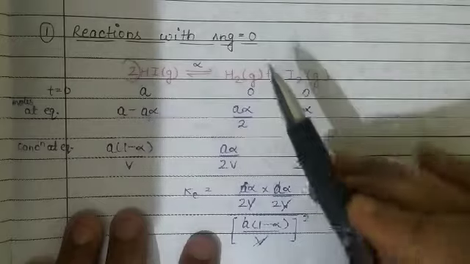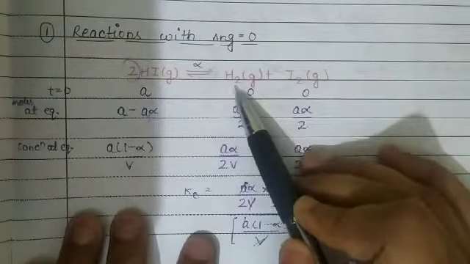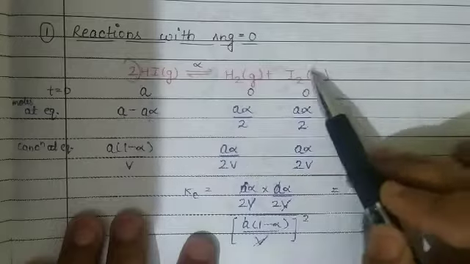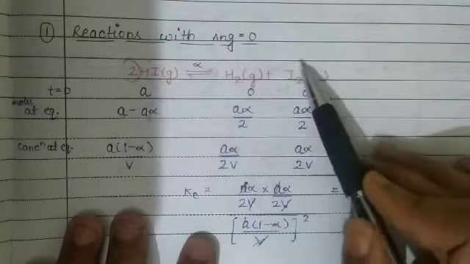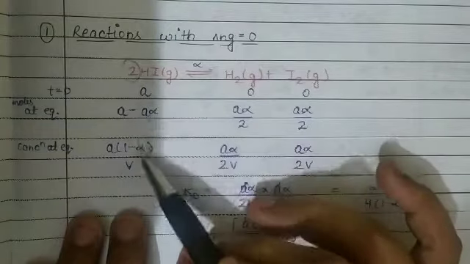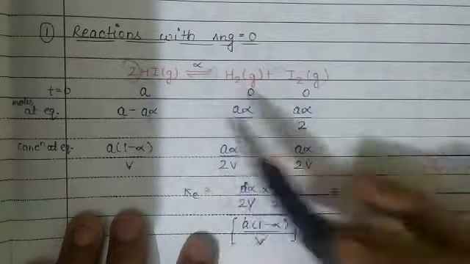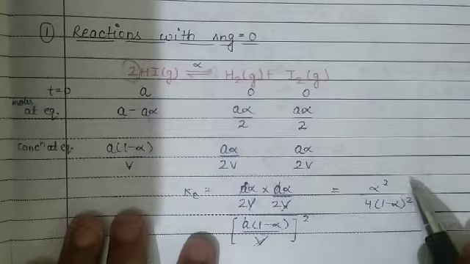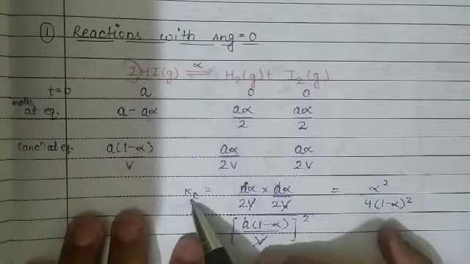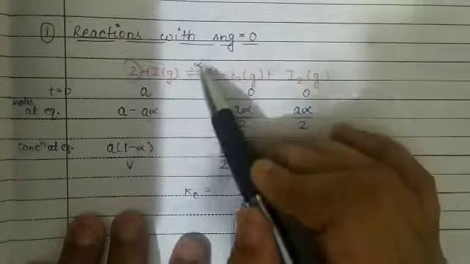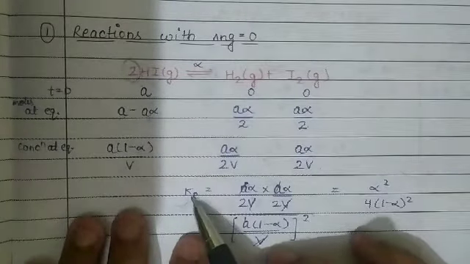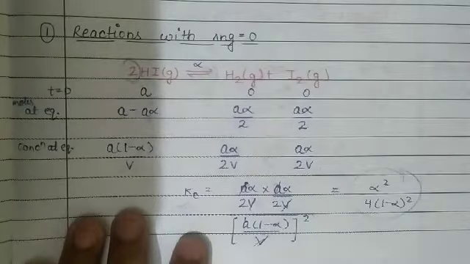Kc is the concentration of H2 at equilibrium multiplied by the concentration of I2 at equilibrium, divided by the concentration of HI at equilibrium squared, as the coefficient is 2. On solving, we get the value of Kc in terms of alpha, where alpha is the degree of dissociation.